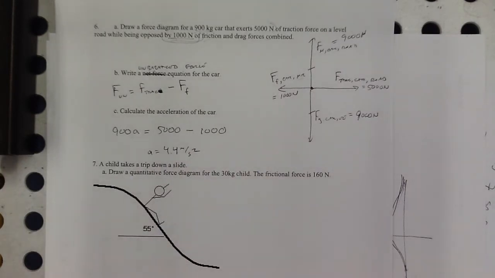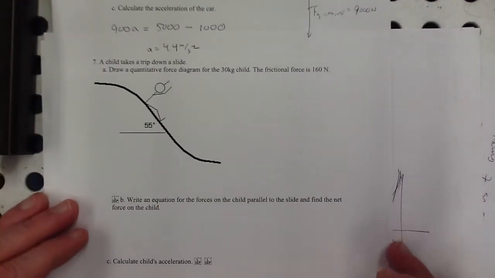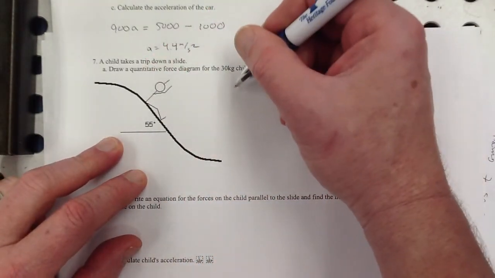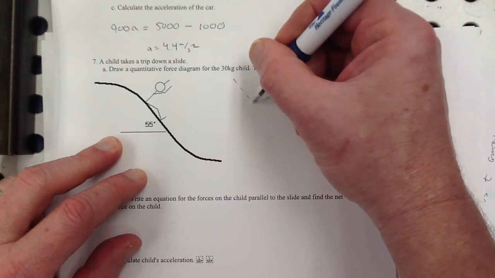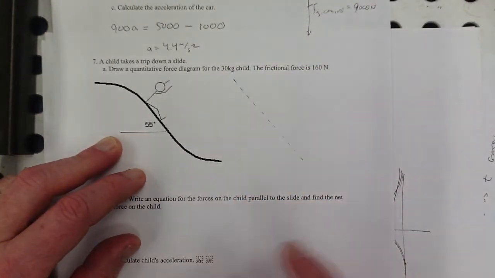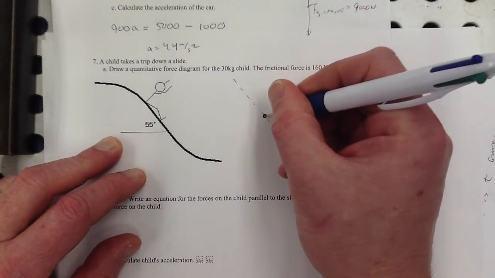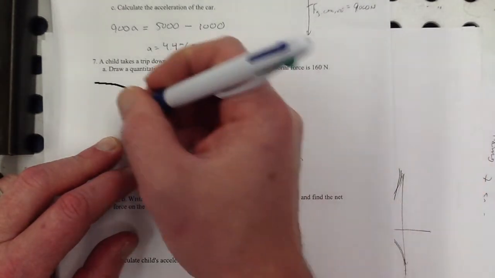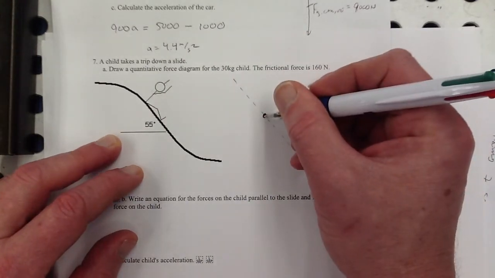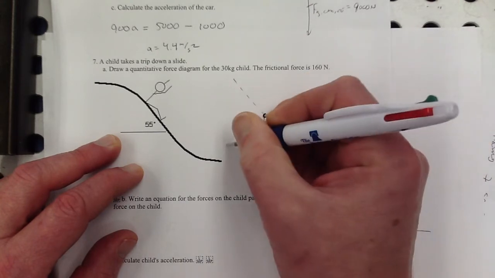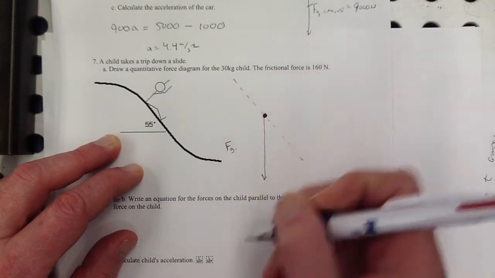All right, number 7, we got ourselves a ramp situation here. It's a slide. So the first thing I need to do is make my dotted line here in the direction of the slide. And then the second thing, going back to our force diagram skills from Unit 4. There's the kid, and gravity, of course, not caring about anything.